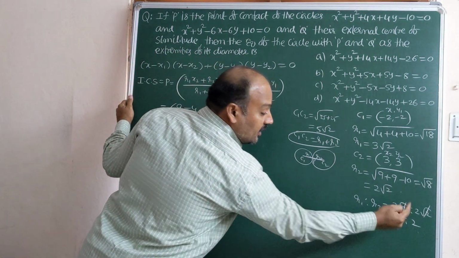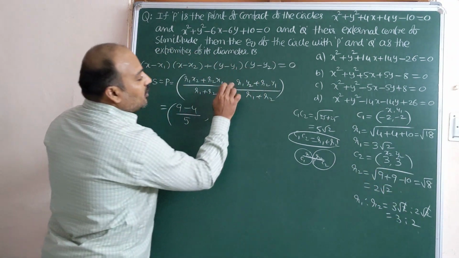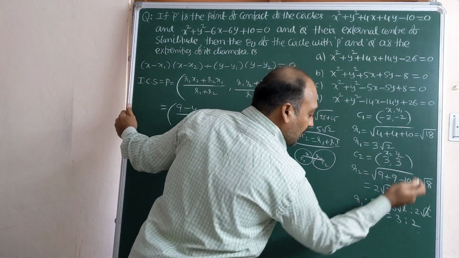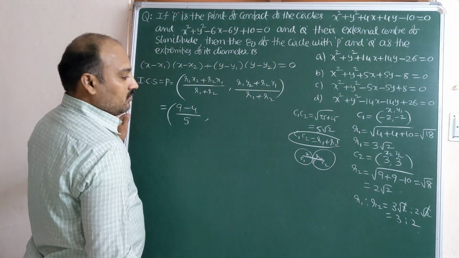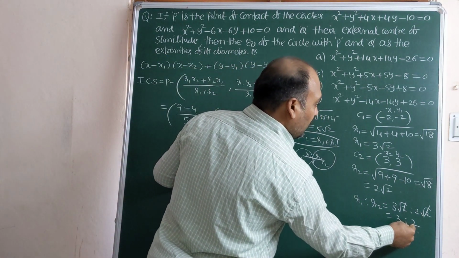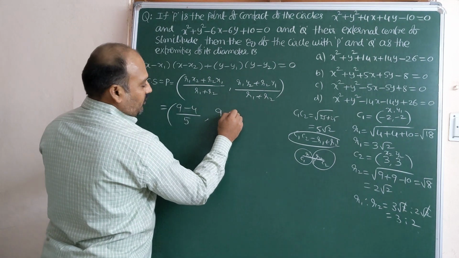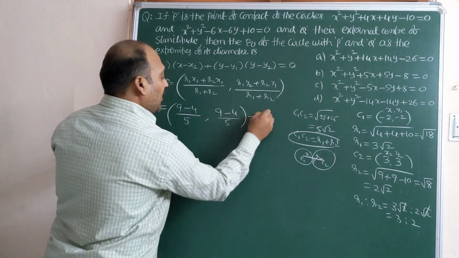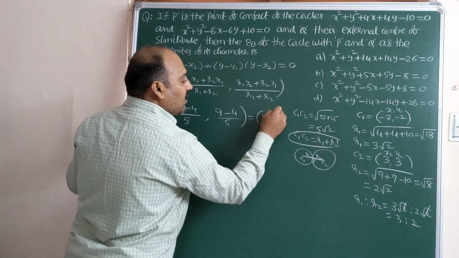Because we are taking in terms of without root 2. R1 y2: R1 is 3, y2 3, 3 3s are 9. R2 y1: R2 is 2, y1 minus 2, 2 minus 2s are minus 4. So you will get 5 by 5, 5 by 5, that is 1 comma 1, dear students.